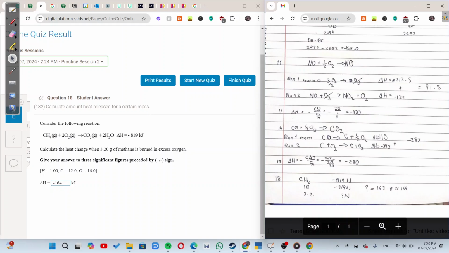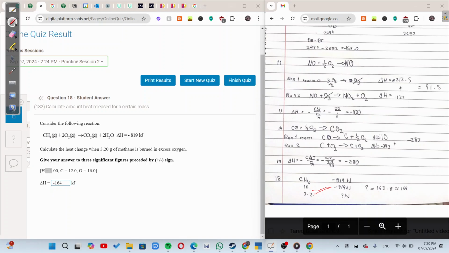So write down the molar mass, which you find from the given, which is 16, and you write down what they gave you. 3.2 grams are used. And you write down your energy as it is, and you cross multiply. So 3.2 times negative 819 divided by 16.